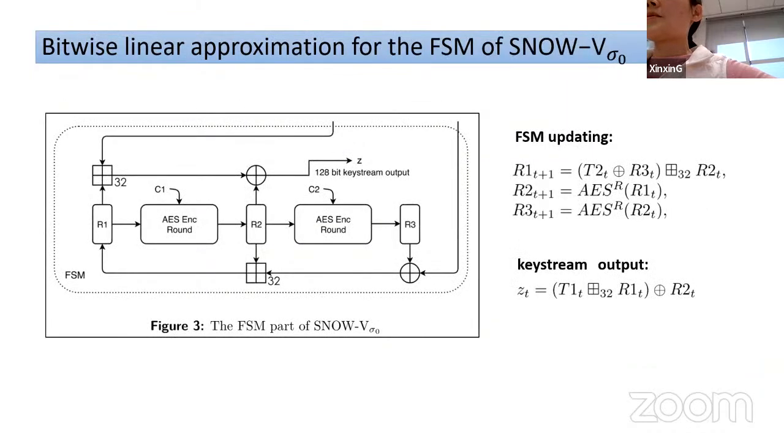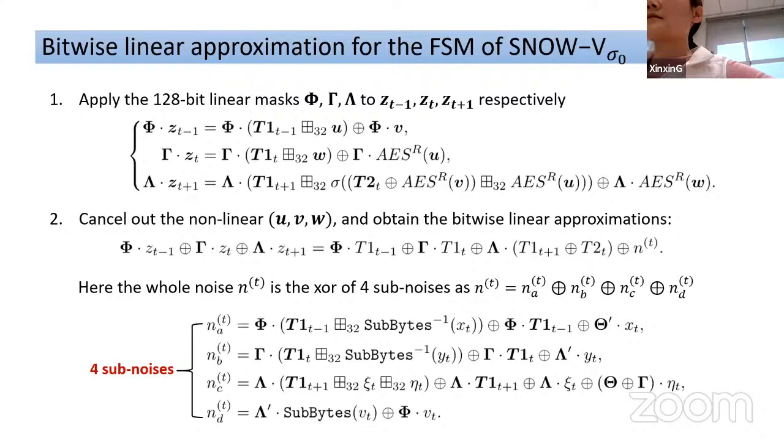Based on the above, we will analyze the bitwise approximations of some variants of SnowB. The first is SnowB sigma 0, where the permutation sigma used in the FSM updating is assumed to be identity. We consider 3 consecutive keystream outputs to cancel out the contributions from the FSM, and then obtain the bitwise approximation of the 3-round FSM, where 4 subnoises are introduced.